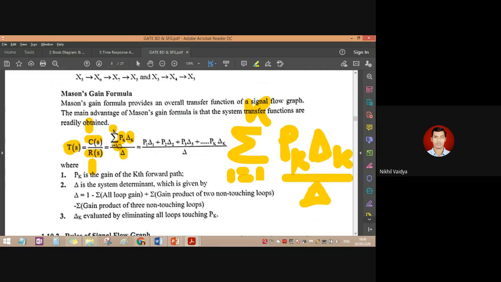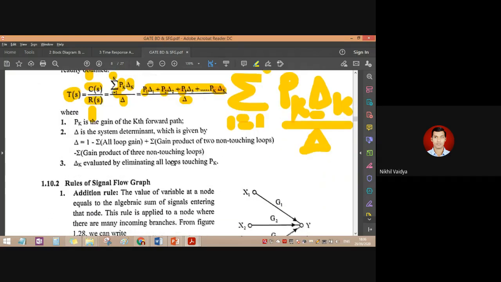So this is a summation. What does this summation sign indicate? It indicates that the value of i, or of the terms mentioned here, will range from 1 to k. So P1, P2, P3 up to Pk, we have to add their products, and below there will be a denominator called delta.